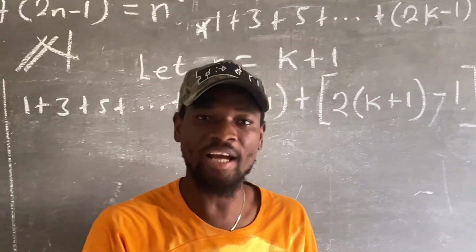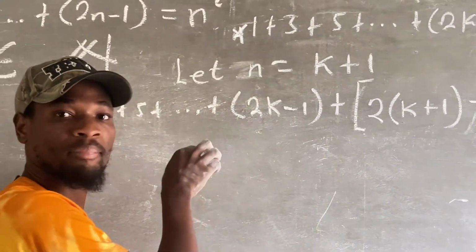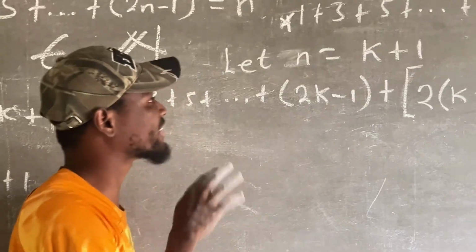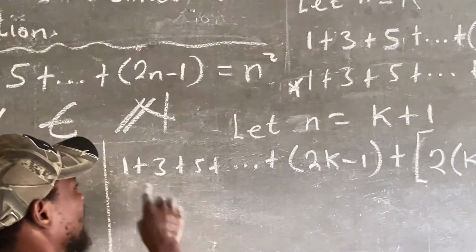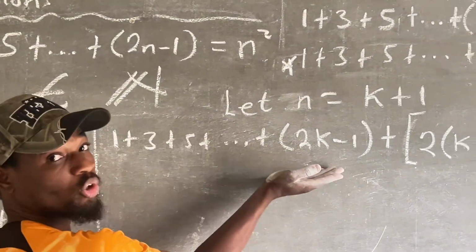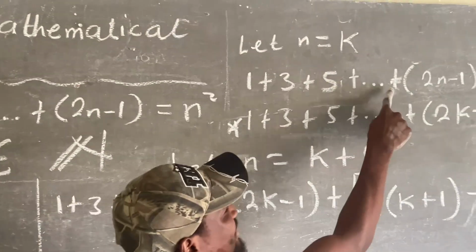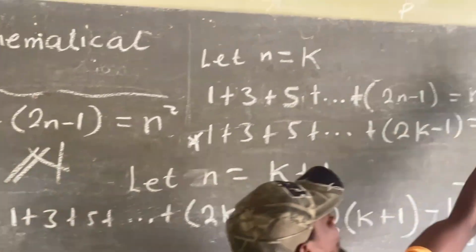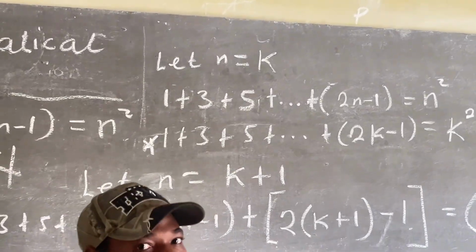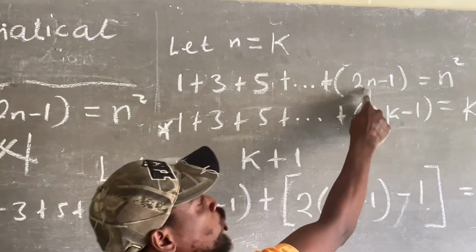Viewers, I want to throw more light on the inductive step. We said copy and paste everything here, which I've done. Then plus, so you're just substituting everything into this equation. Plus 2n minus 1.